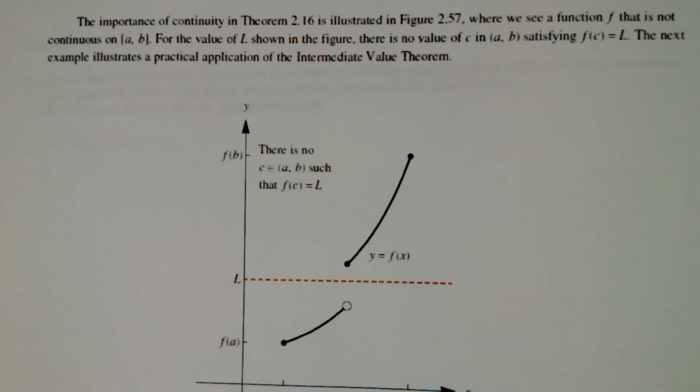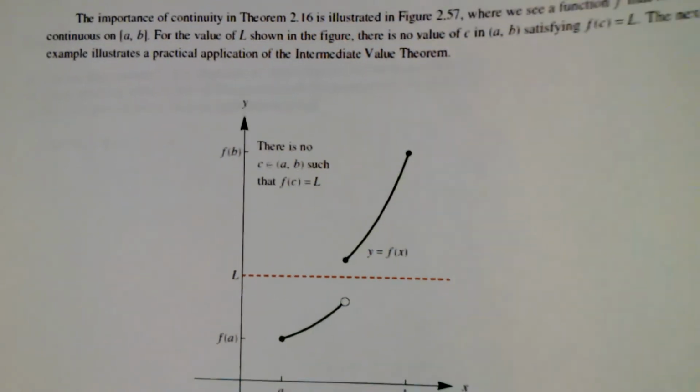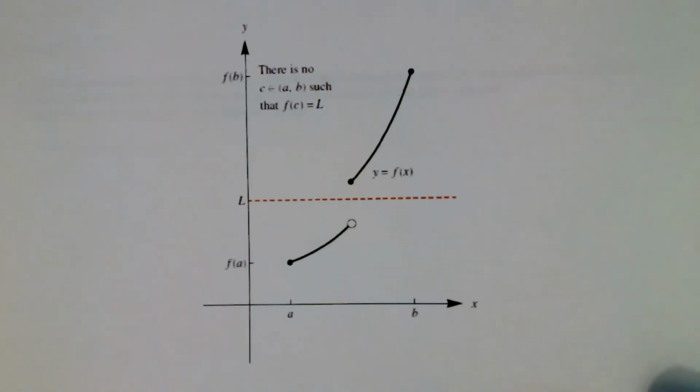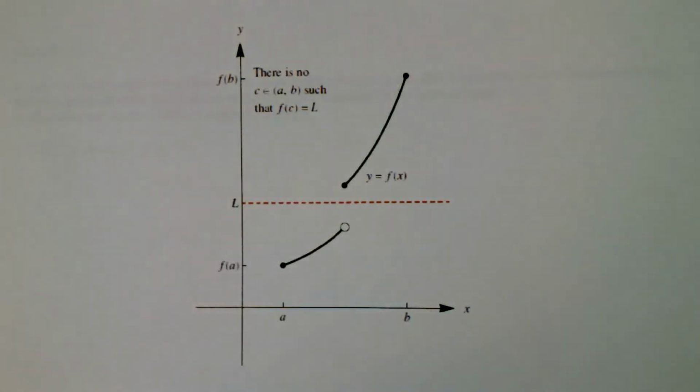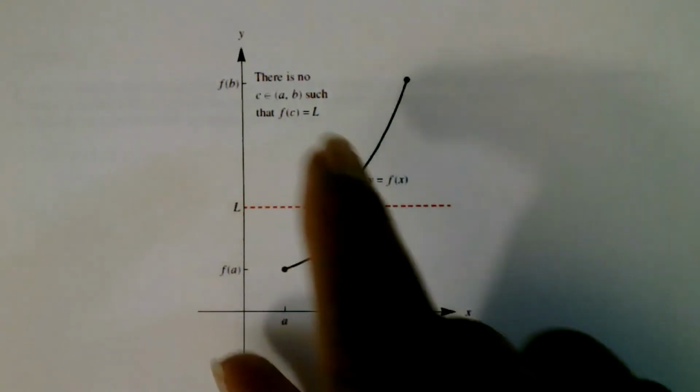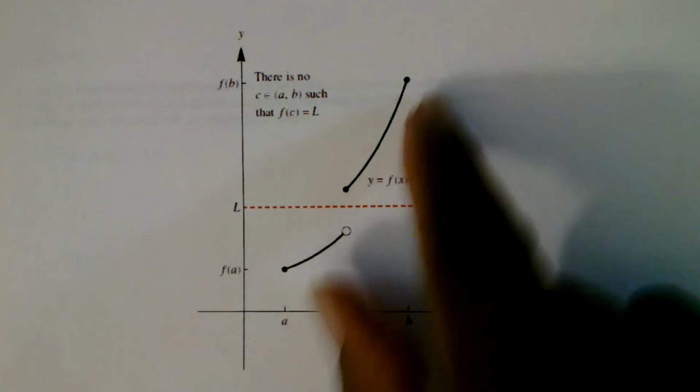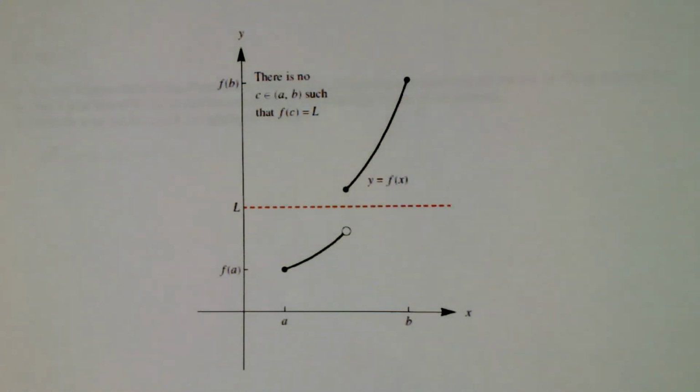That means that there is no value c in the open interval (a, b) satisfying f of c equals L. And here is that illustration right here, where you have no value of c in the open interval (a, b) such that f of c is equal to L. And this is one of those graphs that is discontinuous, because it does have a break in the graph, as you can see.